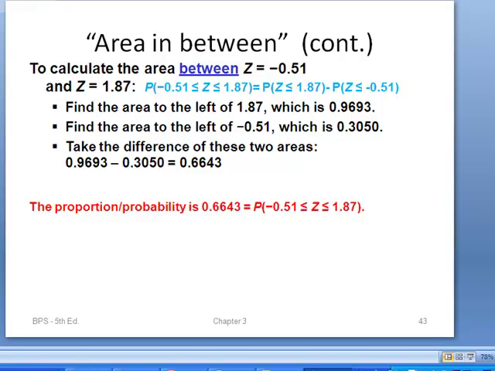In the chart, I look up 1.87 and I find that probability to be 0.9693, and the area to the left of negative 0.51 I also get from my table, and that's 0.3050, and I take the difference of those two. So therefore the proportion or probability, or the area in between negative 0.51 and 1.87, is 0.6643.